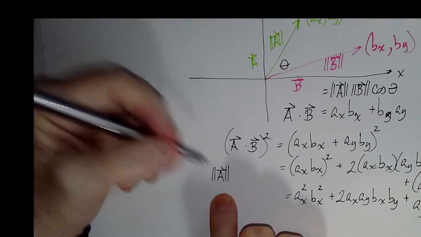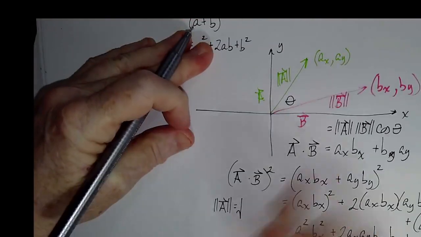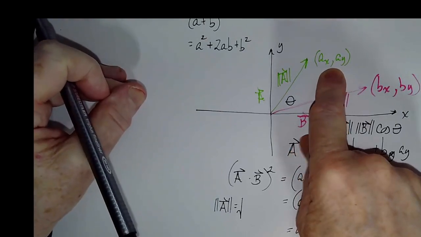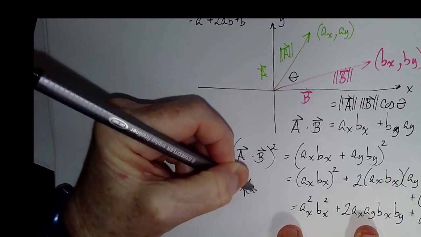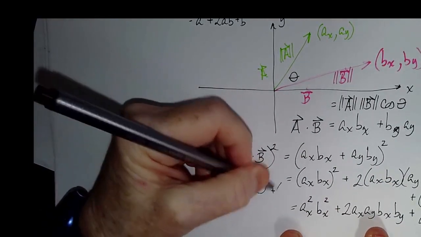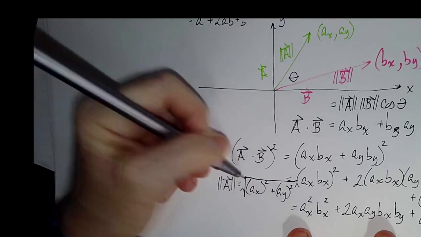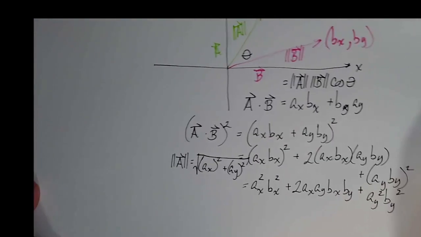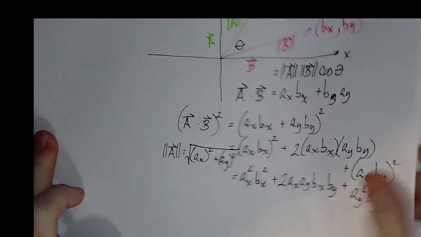The magnitude of a vector is the square root. Well, let's see. A is AX, AY. So it's the first component squared plus the second component squared, square root of all of that. Okay, alrighty. So we've got lots of potential things to use.